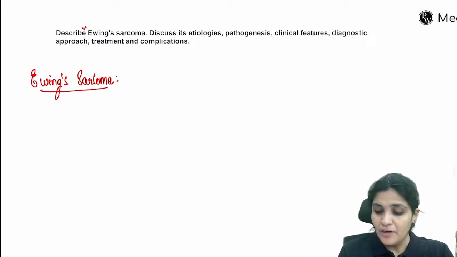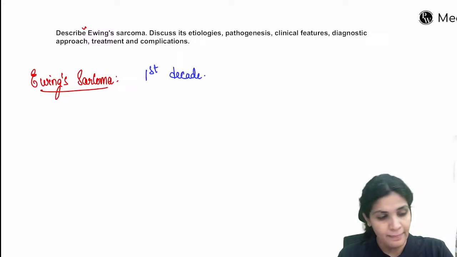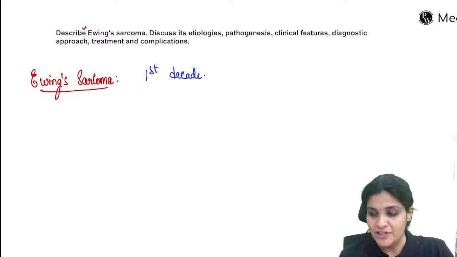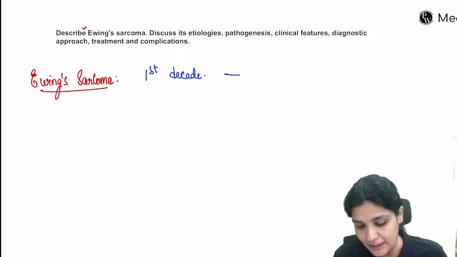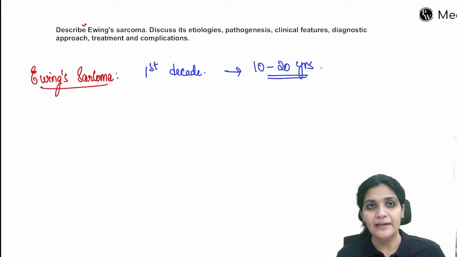The importance of this tumor is that it is usually seen in the first decade. It is a diaphyseal tumor. That means it is usually seen up to 10 to 20 years of age.